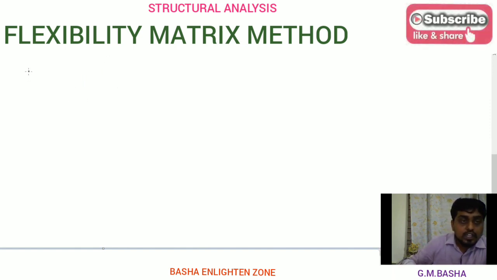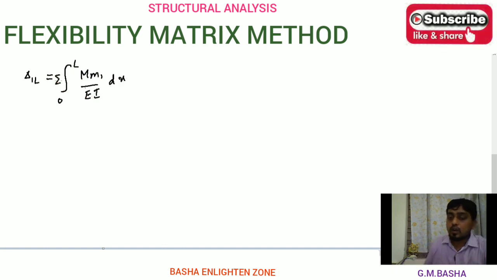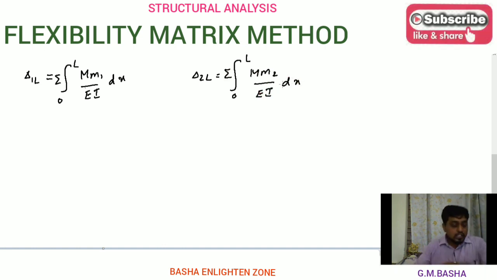Based on the strain energy formulas, this delta 1L will be equal to integral of 0 to L capital M m1 by EI into dx, which is the summation of the particular value. Similarly, delta 2L will be equal to integral of 0 to L M m2 by EI into dx. So this is the formula for those particular values.